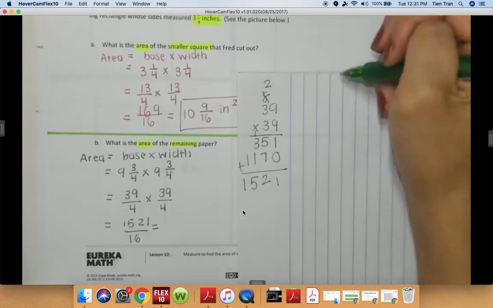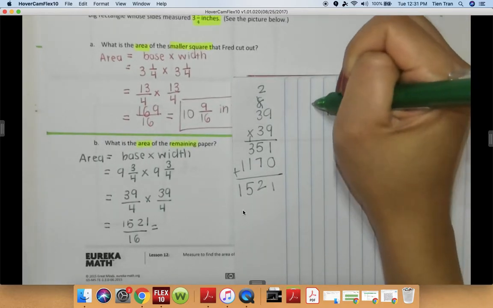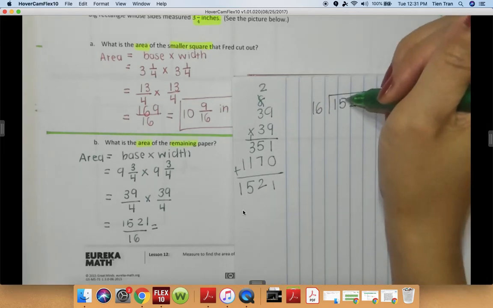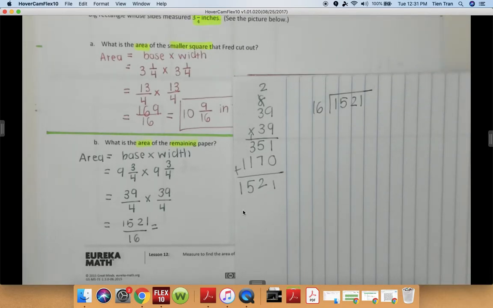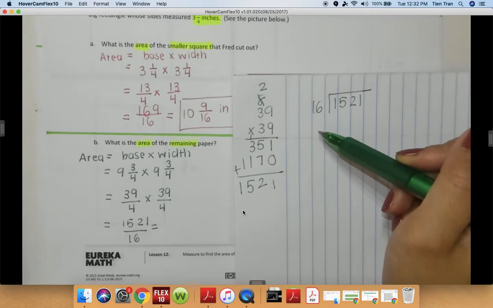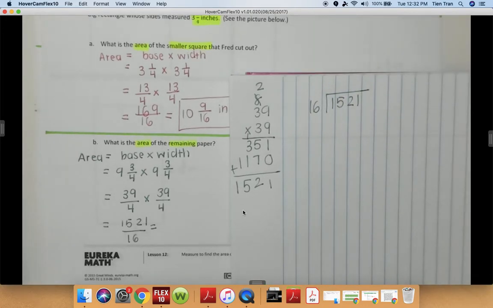Now I'm going to divide. I have 1,521 over 16. I know that 16 can't go into 15. So I'm going to see how many times 16 can go into 152. I need to figure out, in my head, maybe I want to round 16 to 20 or round 16 to 15, and then figure out how many times that would go into 152.